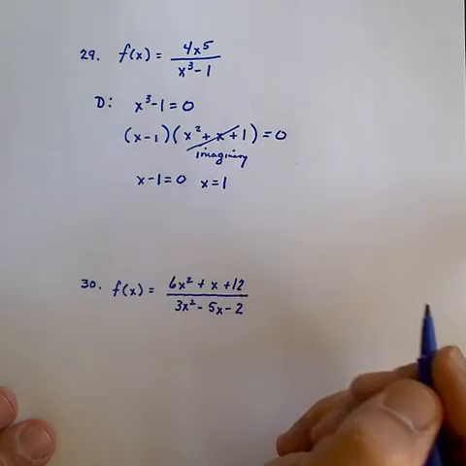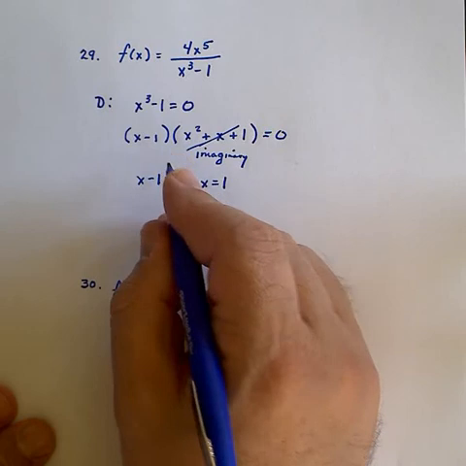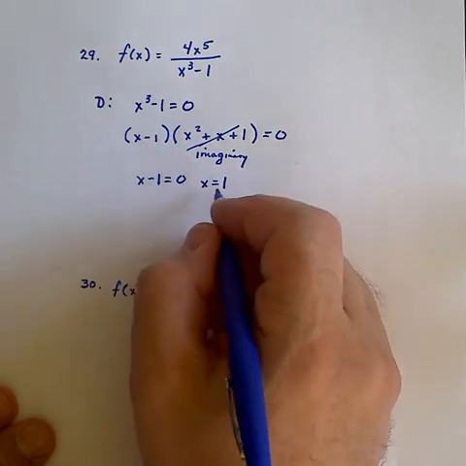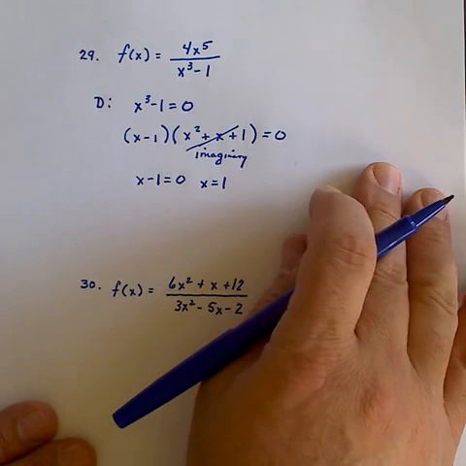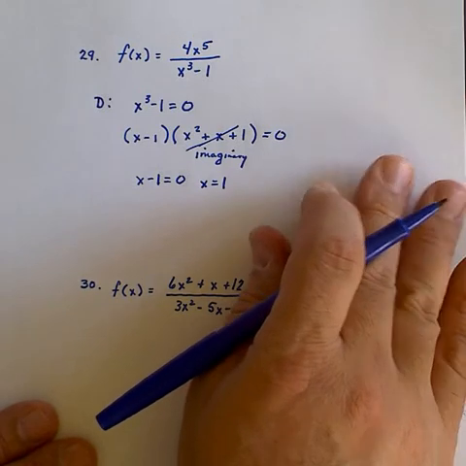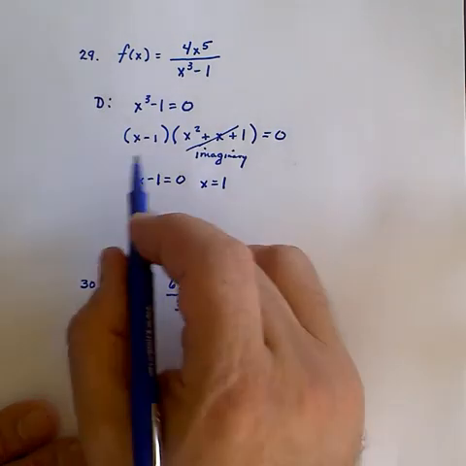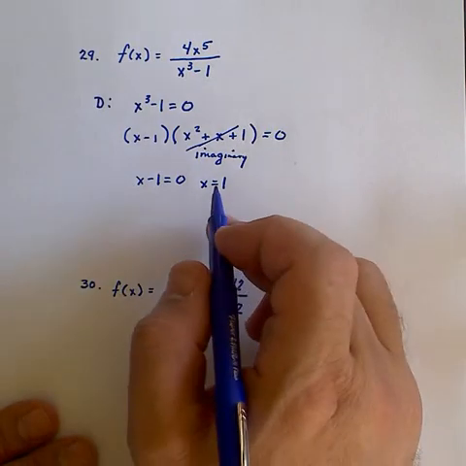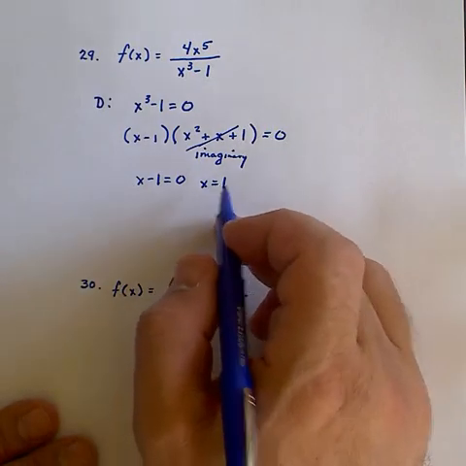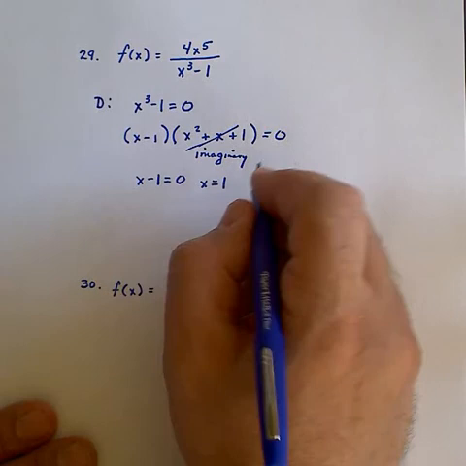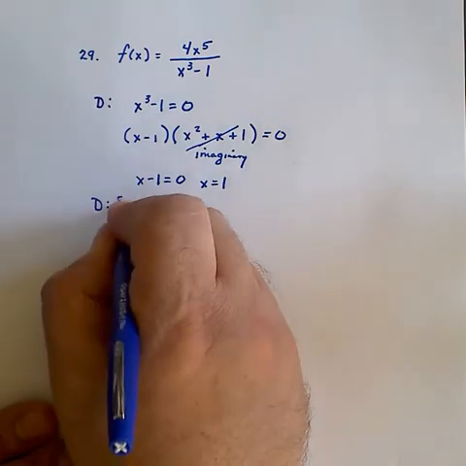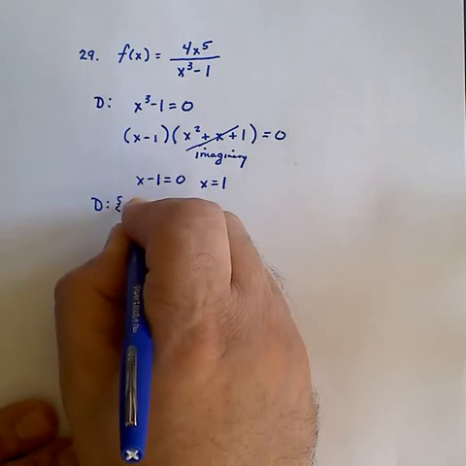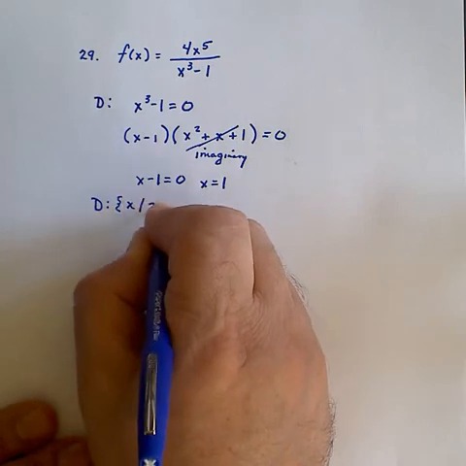That tells me that I have an exception at 1. So even though we couldn't see it on our graph, you're going to have a vertical asymptote through positive 1. So my domain is the set of x values such that x does not equal 1.